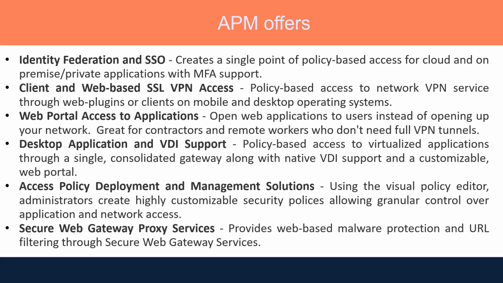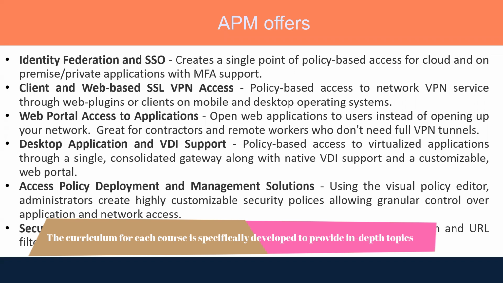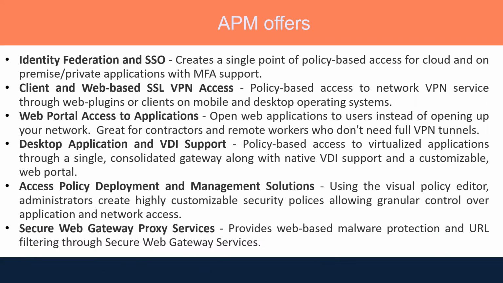Basically, you should have some software using which you connect to the VPN. Using client-based VPN, yes, you can connect to the VPN services. And if you don't want to install the client software, you can use web-based SSL VPN services to connect to your network. It also provides web portal access for the application.